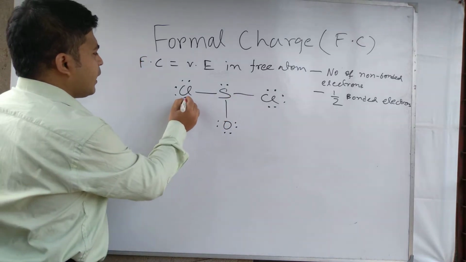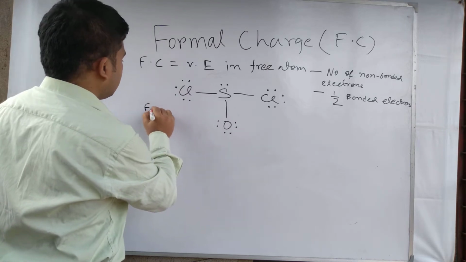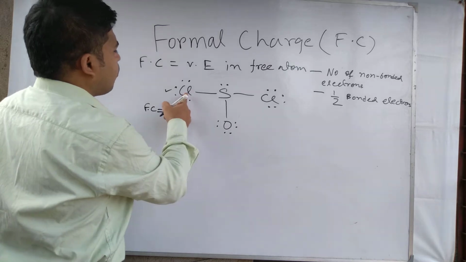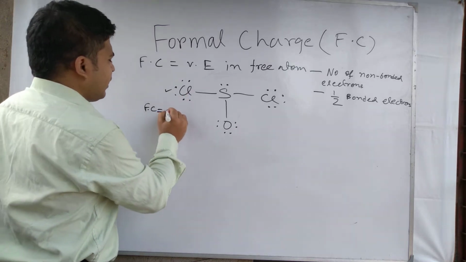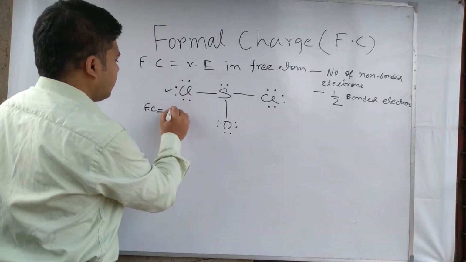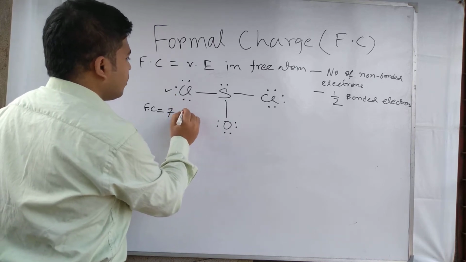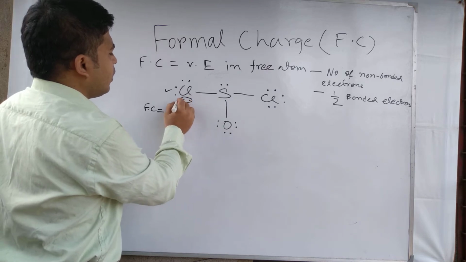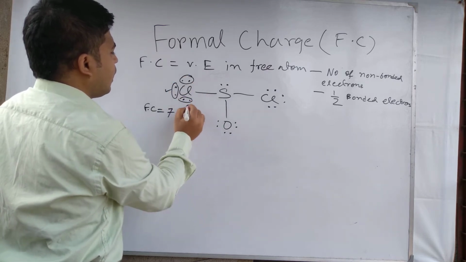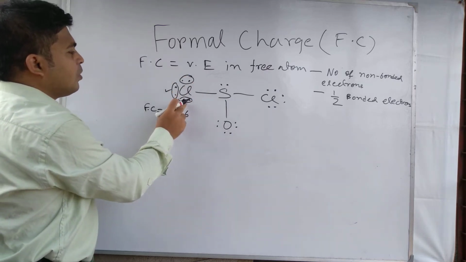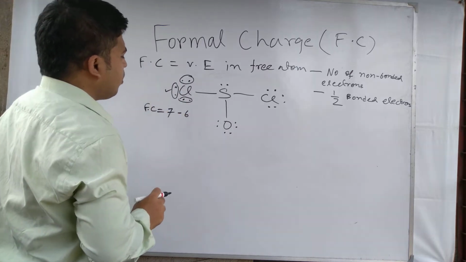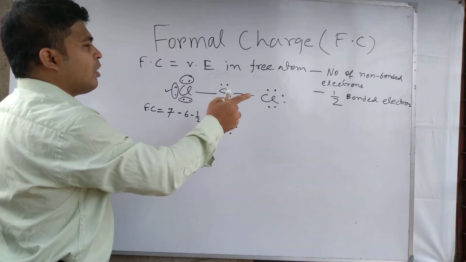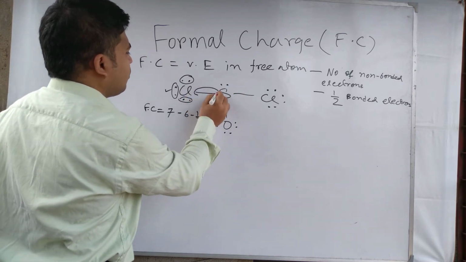So if we want to calculate the formal charge on this atom, what will we do? For the chlorine atom, when it is in the free state, its valence electrons are 7, minus its number of non-bonded electrons. Here the non-bonded electrons are 2, 2, 2, so 6. Number of non-bonded electrons 6, minus half of the total number of bonded electrons.